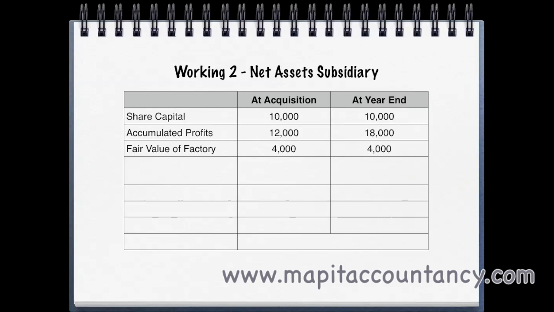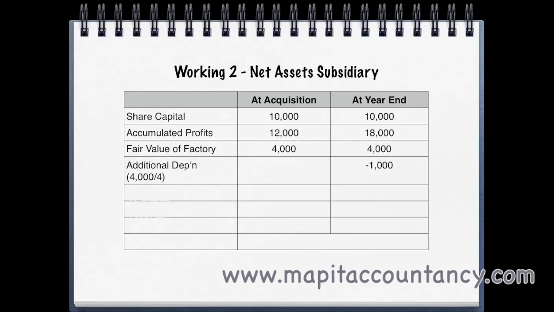The additional depreciation required, therefore, will be the increase in the fair value divided by the useful economic life. So it was 4,000 divided by 4 years of a useful economic life. So that's 1 year's depreciation that will be applied at the year end. So remember, time needs to pass for depreciation.